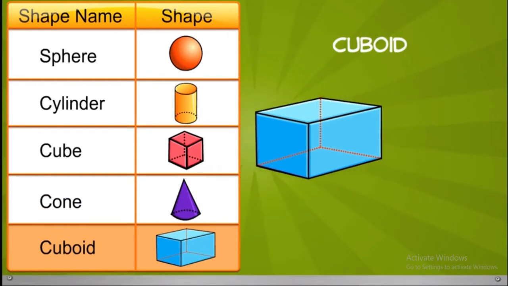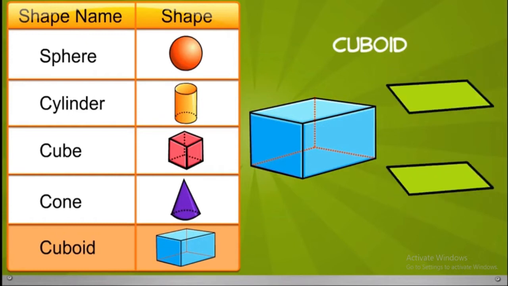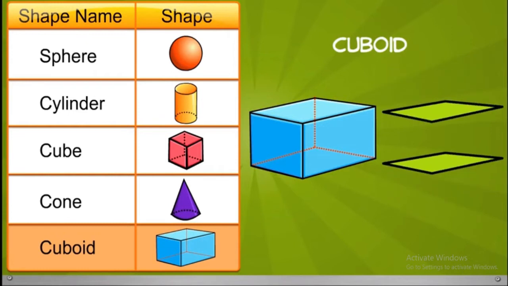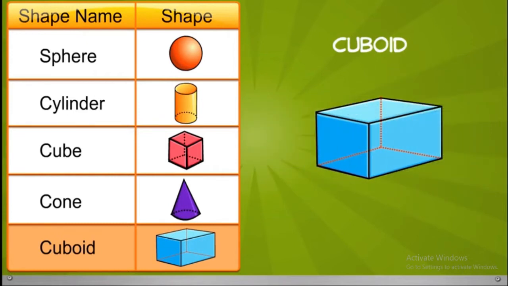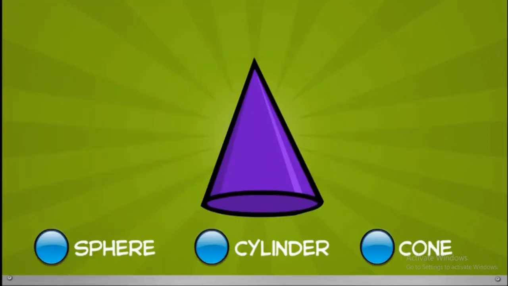You can make a cuboid by keeping two rectangles, one above the other, and joining the corners. This looks somewhat similar to a cube, isn't it?